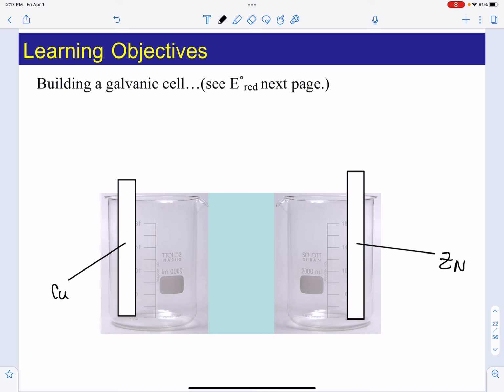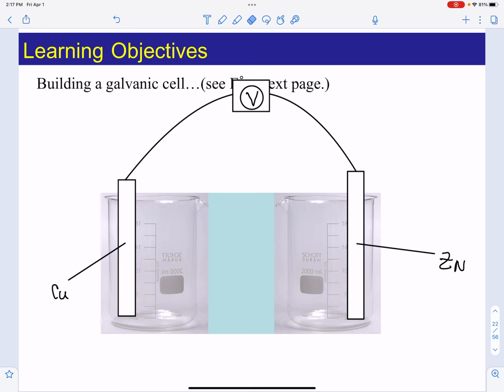So what we're going to do, we're going to connect these two pieces of metal with a wire, and in between, we're going to put something where we can measure voltage. So we're going to be measuring volts with that meter.